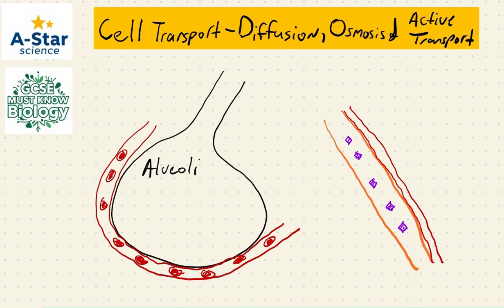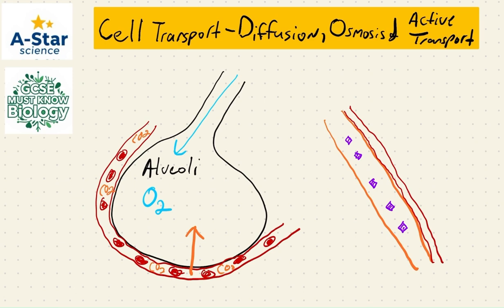And as we know, oxygen can come into the alveoli when we breathe in. And carbon dioxide is in our body because we use oxygen for respiration, and that produces carbon dioxide. This oxygen and carbon dioxide are exchanged through diffusion.